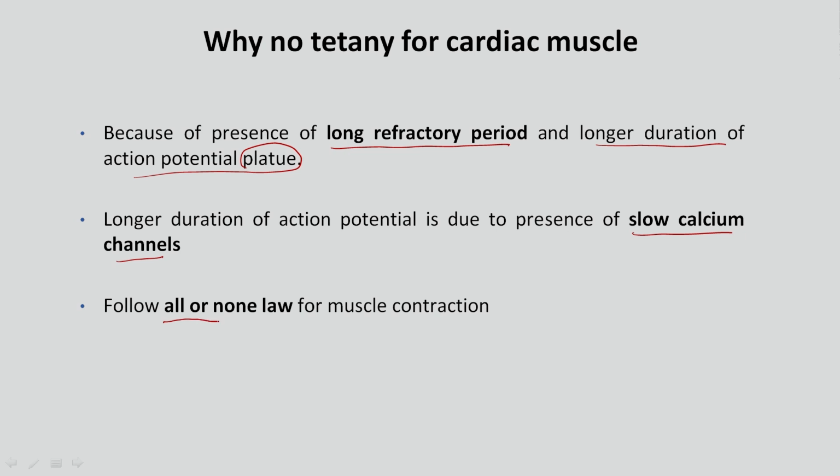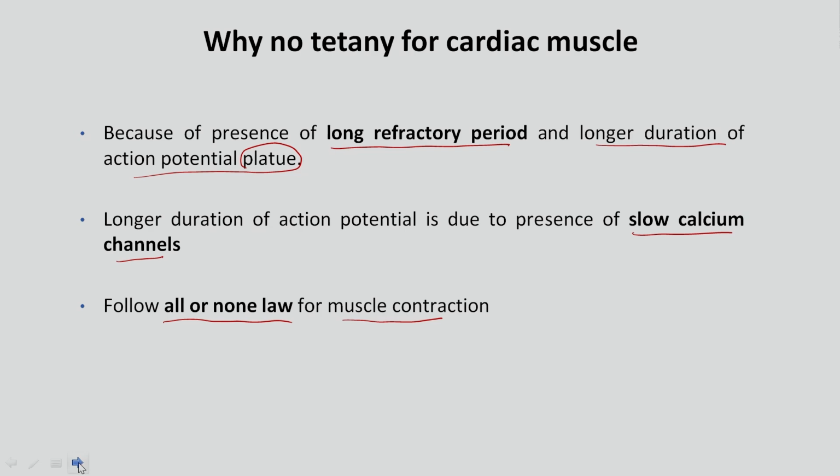Also, they follow the all or none law of muscle contraction: either they will contract or they will not contract. Because of all these features, the cardiac muscle generally does not get tetanized.